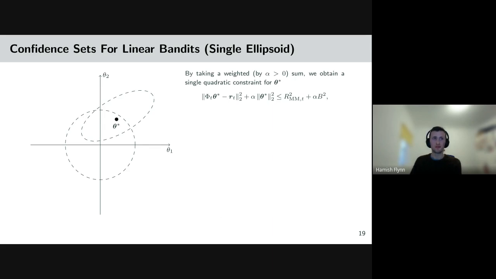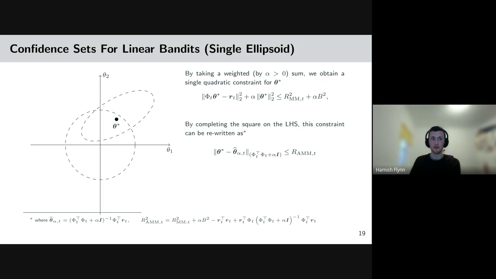In the spirit of doing something similar to OFUL, we can also construct a single ellipsoid, which is centered at the regularized least squares estimate. This time we take a weighted sum of our previous two constraints with some positive weight alpha.